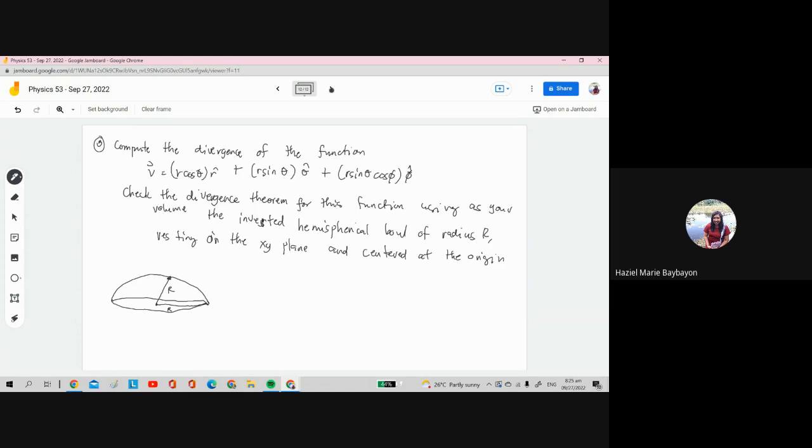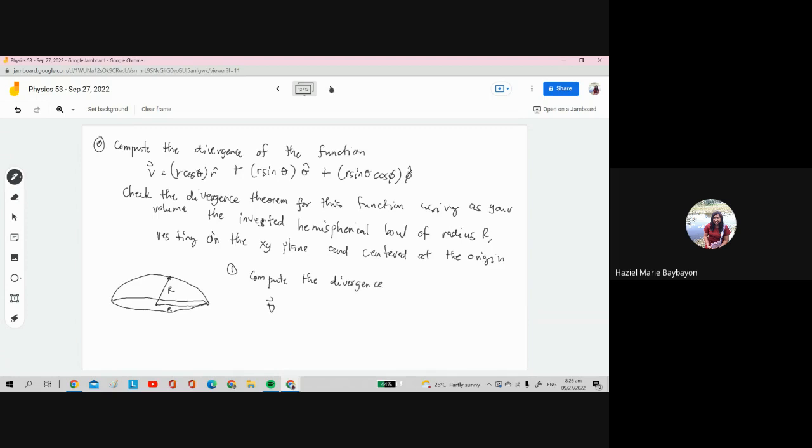And then, let us check the divergence theorem for this function. The first thing to do is to compute the divergence of the vector function.